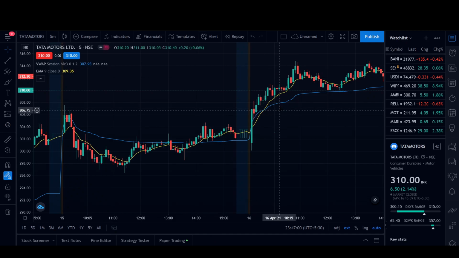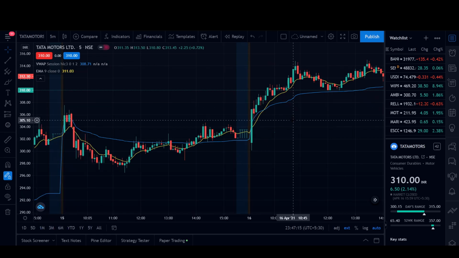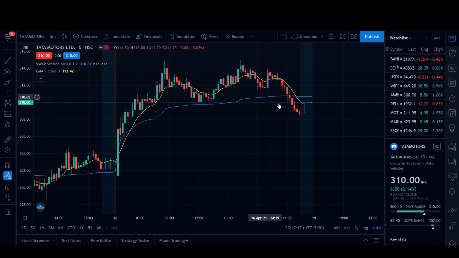So you're always supposed to have a trailing stop loss in this strategy. Always remember to keep a stop loss. Never forget a stop loss and follow it. There's no strategy which is 100%. Let's assume we bought the stock somewhere here.